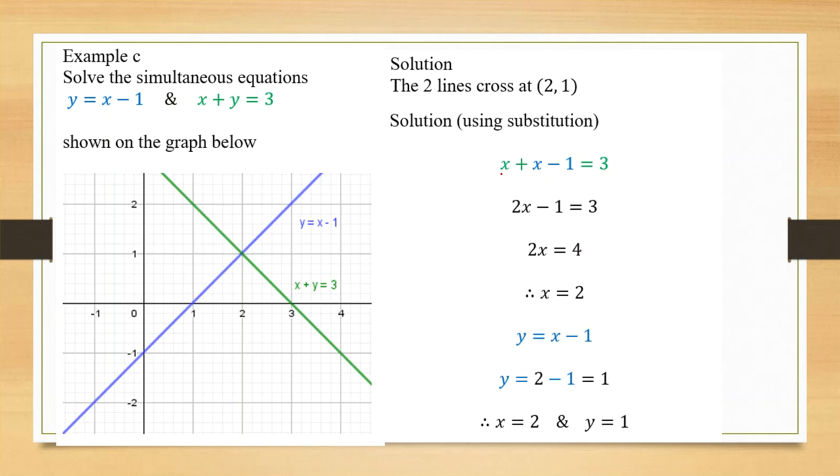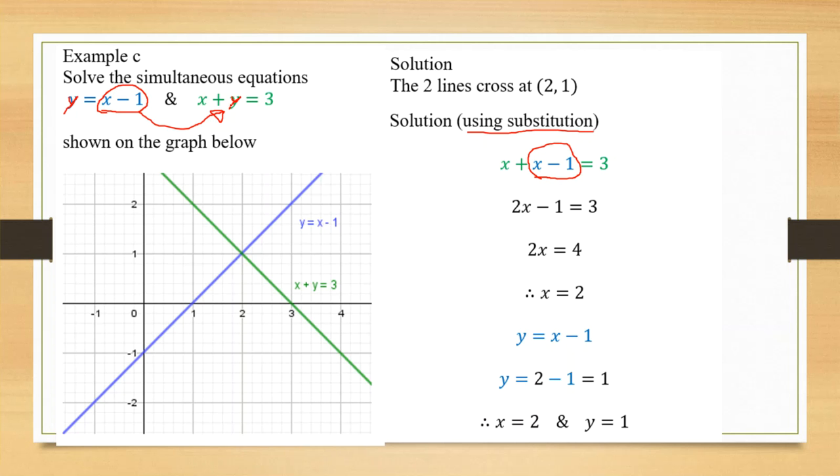Algebraically, we'll use substitution again. This time around, we've got x plus y equals 3. So we're going to replace this y with what y equals. So in the blue equation, y equals x minus 1. So this part gets put into this place. So you can see here the x minus 1 bit comes from over here.